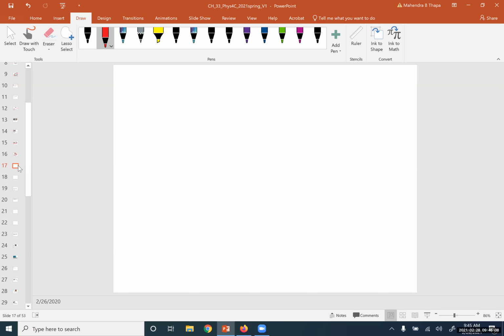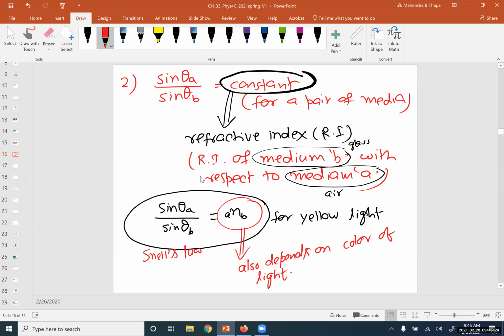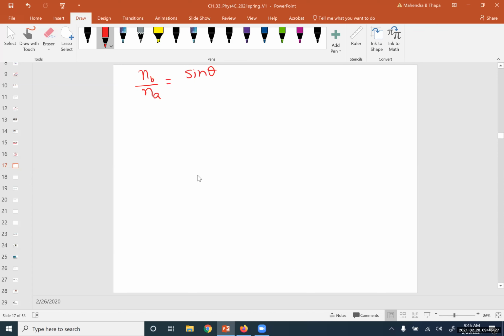This equation can also be written as n_B, meaning eta B over eta A, equals sine theta A over sine theta B.